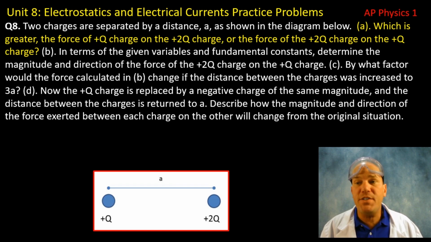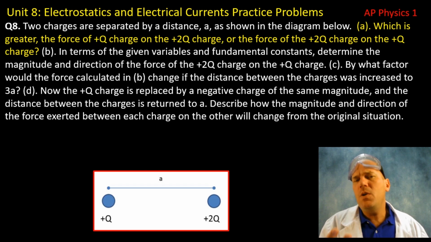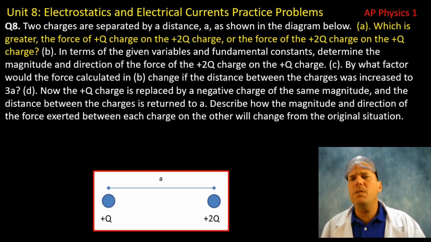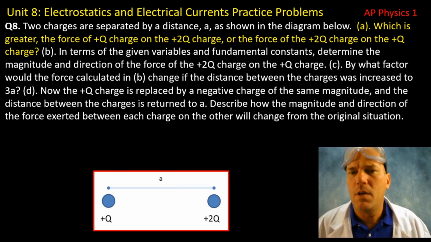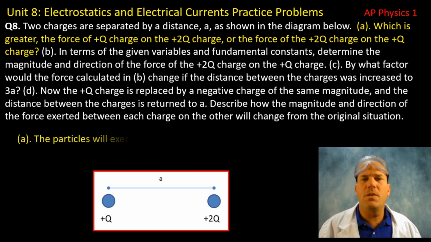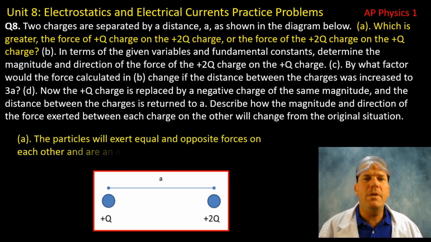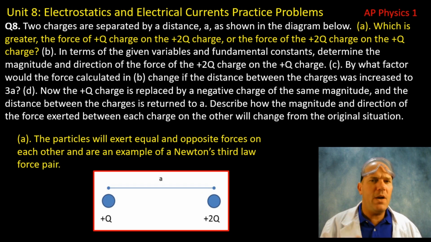Part A of the question: which is greater, the force of positive Q on the positive 2Q, or the force of the positive 2Q on the positive Q charge? That's what you're being asked to determine. College Board will ask you this question.